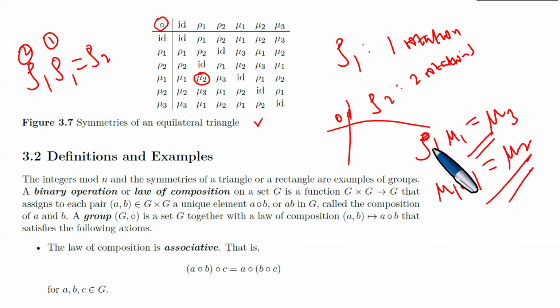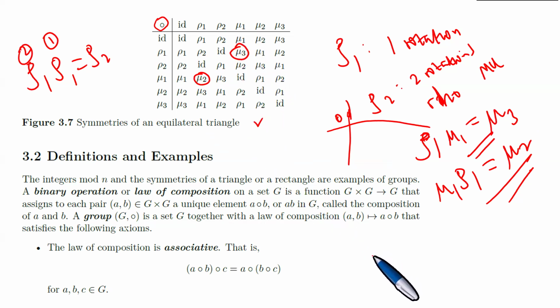Let's do rho 1, mu 1. One student asked me what this symbol here is. So if you're doing rho 1, mu 1, we saw that it is mu 3.